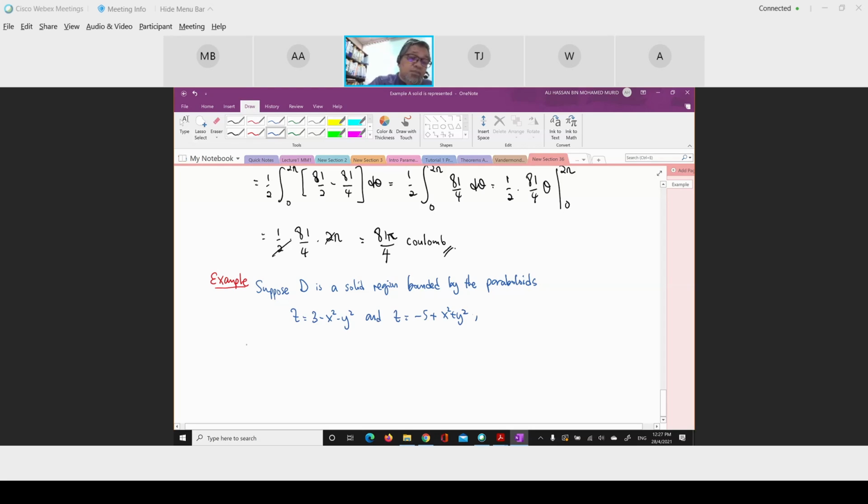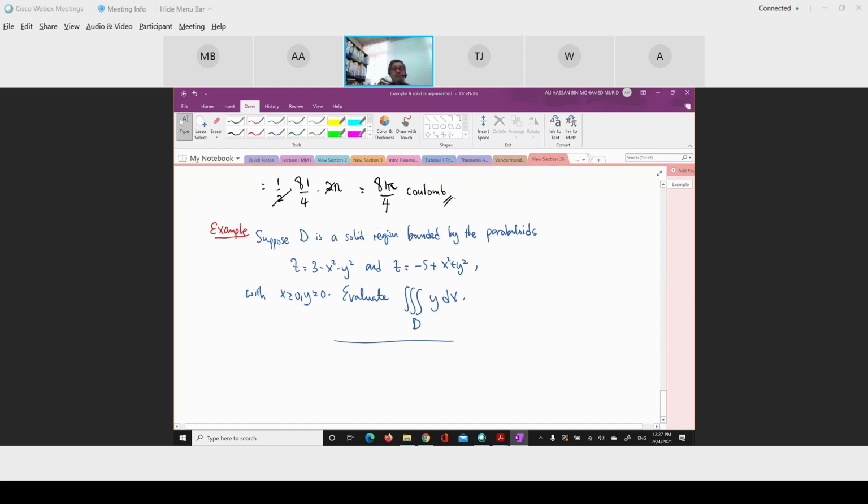With the additional condition x greater than 0, y greater than 0. The question is, evaluate this integral over the solid region D, y dV.